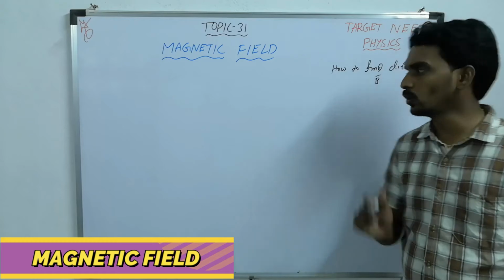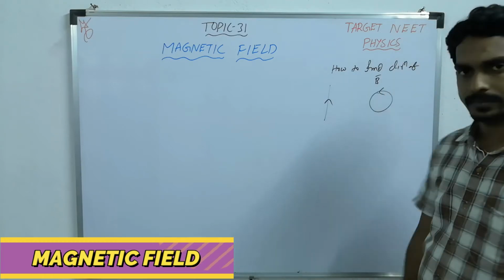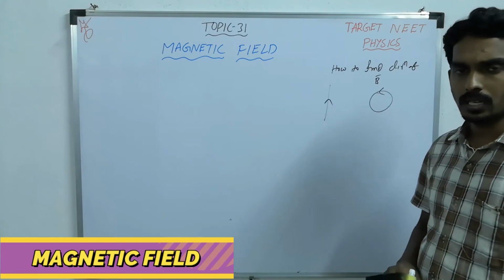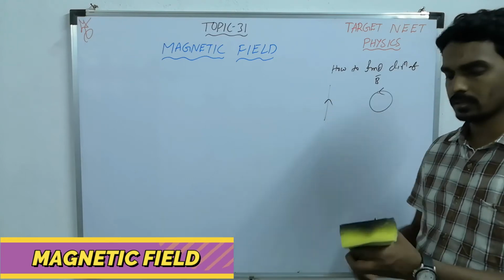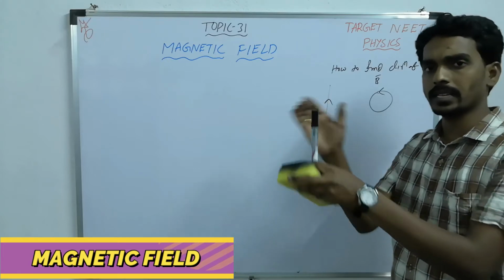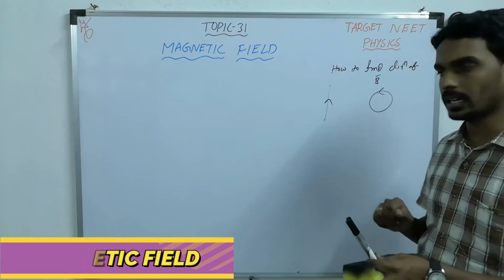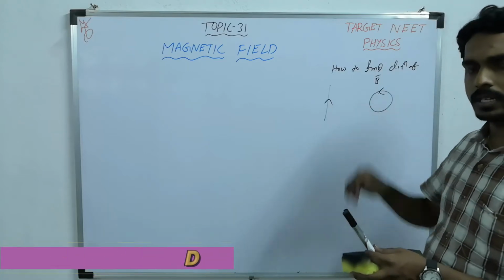There are mainly two elements: one is the linear element, one is the circular element. For a linear element, the thumb should be in the direction of current and the curling gives the direction of magnetic field.